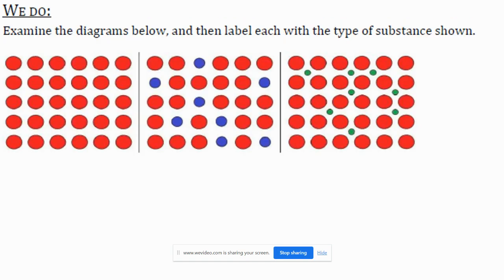All right, label what type of substance we're dealing with here. Your options are the 2 alloys and a pure metal. Those are your 3 options.